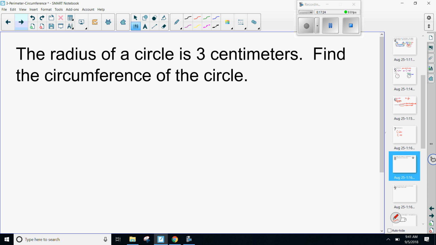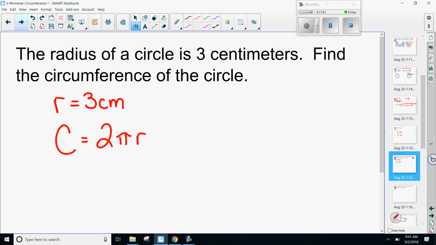Given this right here, the radius of a circle, the radius is 3 centimeters. They want me to find the circumference of the circle. Which formula do you want to use? 2 pi r. Circumference is 2 times pi times r. Diameter is twice the radius, remember.